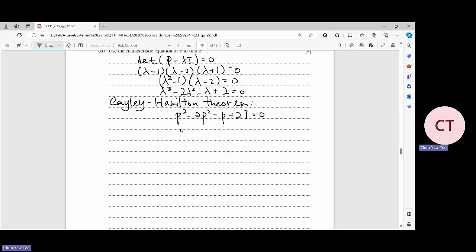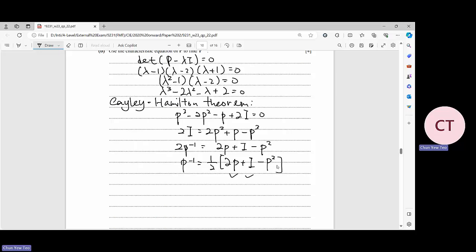So you can have 2I is equal to 2P square plus P minus P cube. Then you multiply by P inverse. Then you get 2P inverse equal to 2P plus I minus P square. Then your P inverse is actually half of 2P plus I minus P square.